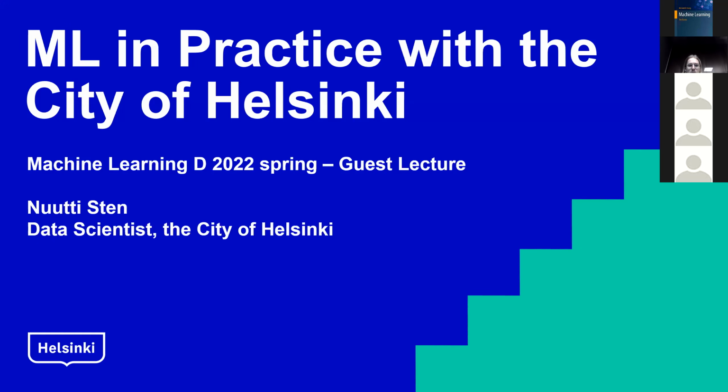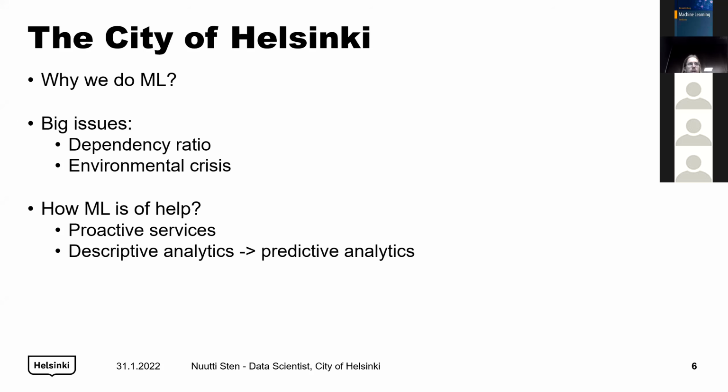So as said, I work at the city of Helsinki. You might ask, why does the city of Helsinki do machine learning? A couple of words there. Of course, capital of Finland and so on. A quarter of the population lives in Helsinki, so we have a lot of people.